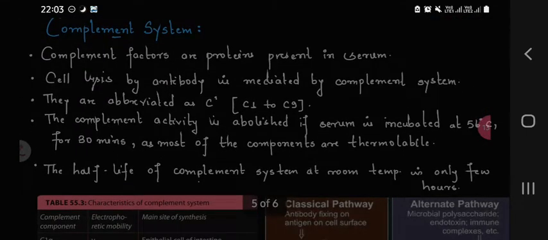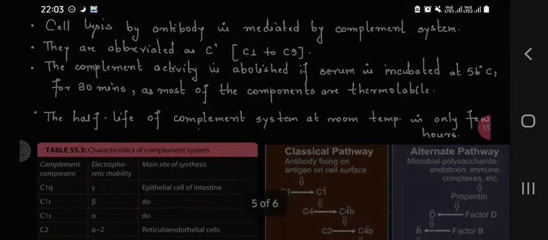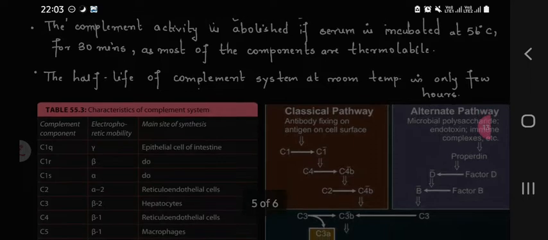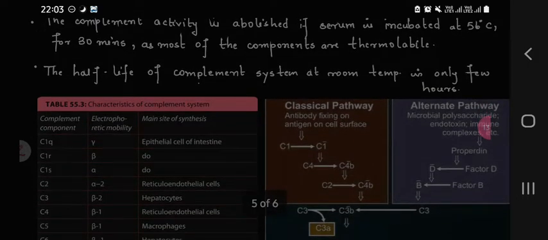Complement system. Complement factors are proteins present in serum. Cell lysis by antibody is mediated by the complement system. They are abbreviated as C1 to C9. The complement activity is abolished if serum is incubated at 56 degrees Celsius for 30 minutes, as most of the components are thermolabile.